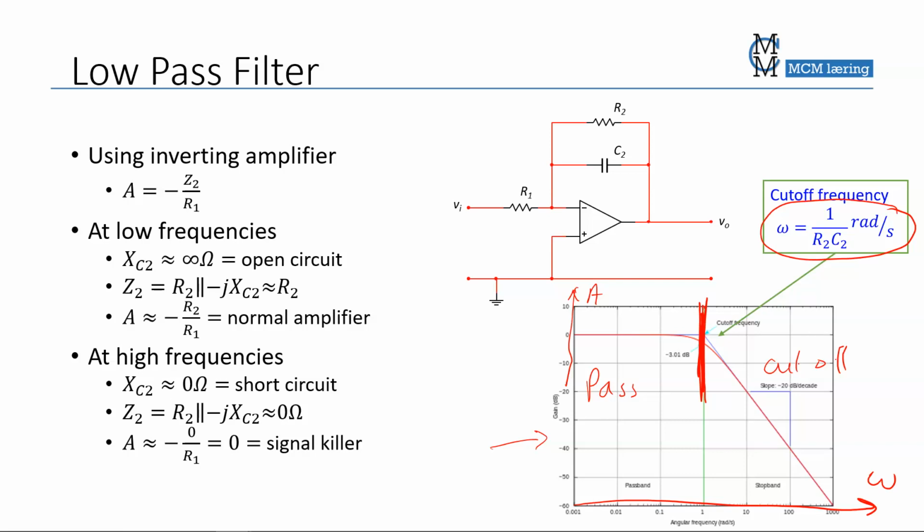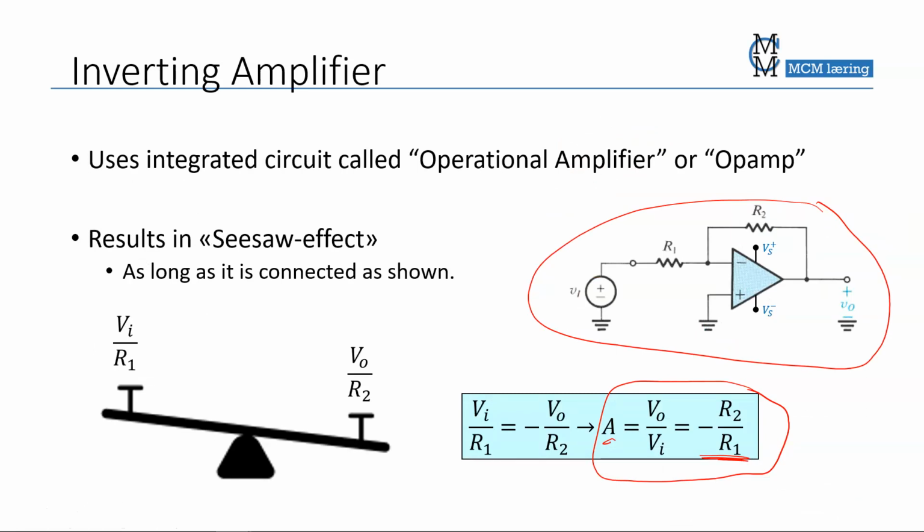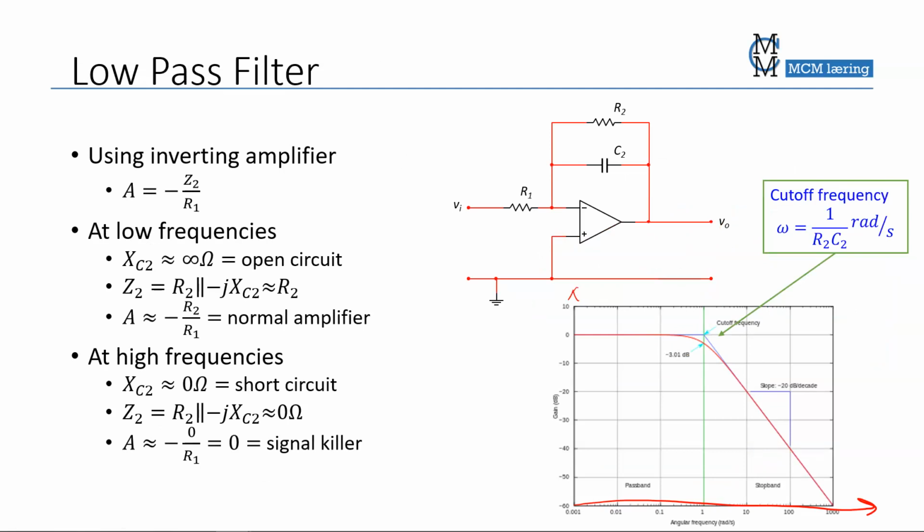What happens here is that we have a basic inverting amplifier like this. If I were to remove C2, you can see that it's a basic inverting amplifier with R1 and R2 connected to the negative terminal of the op-amp, just like the one that we had before. But we now have a capacitor as well.